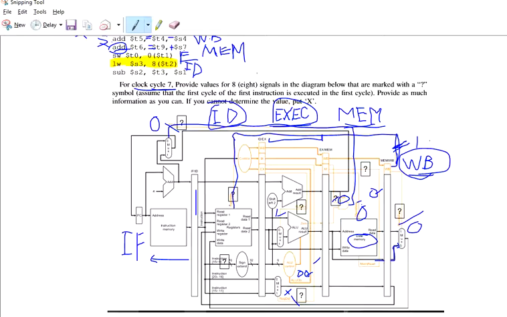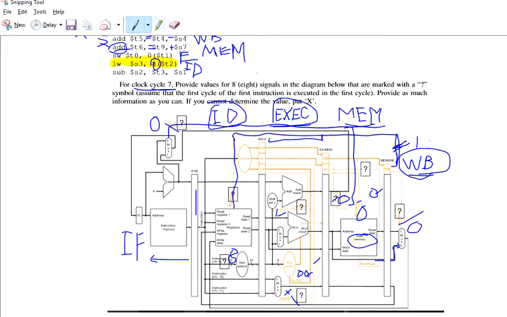But notice that here we're not really asking for the mux values. We're asking for the immediate value, and we know the immediate value is 8. So that's all we're asking for in this instruction: the immediate value is 8 and nothing else, so don't worry about anything else.